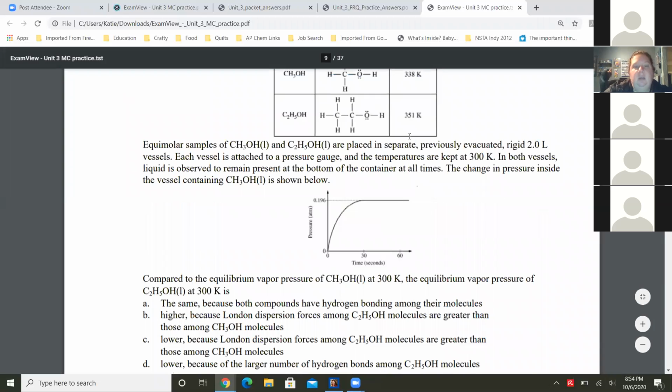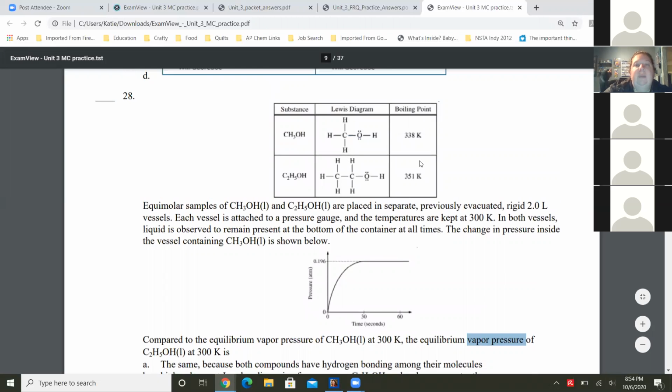Because we're talking about vapor pressure, based on the boiling points we can see that C2H5OH has stronger intermolecular forces because it has a higher boiling point. Stronger intermolecular forces reduce the vapor pressure.